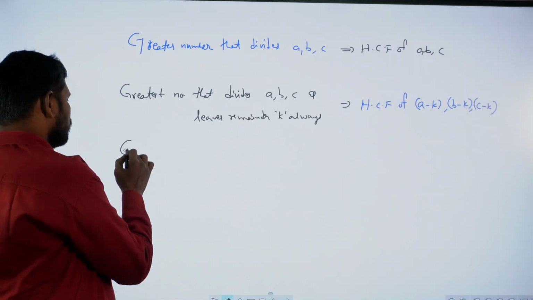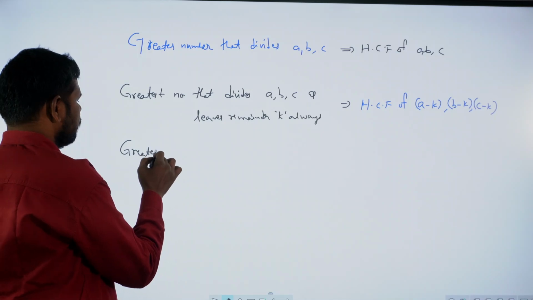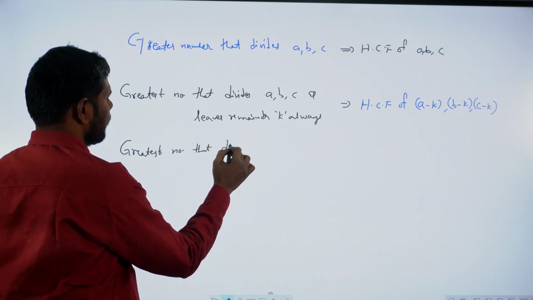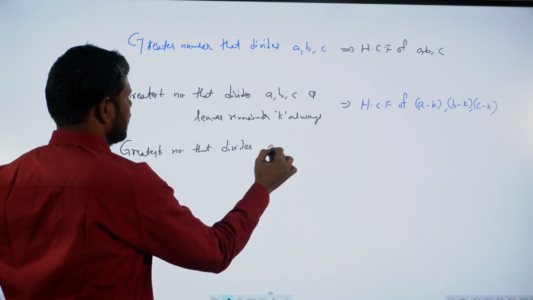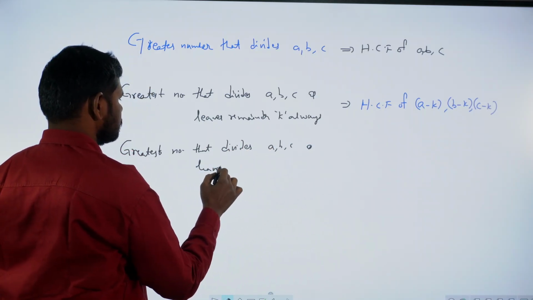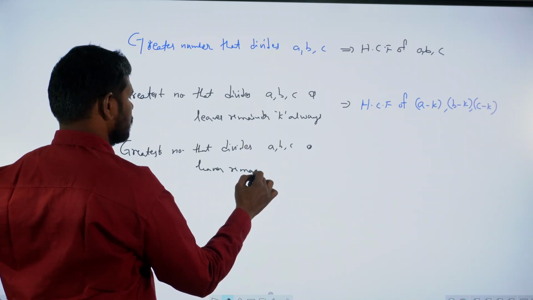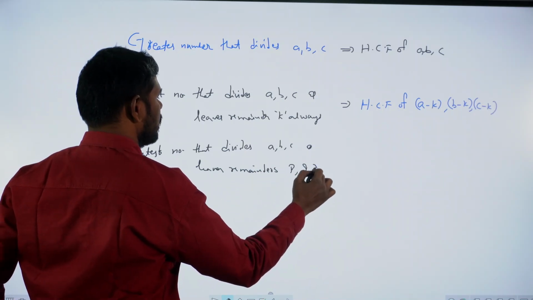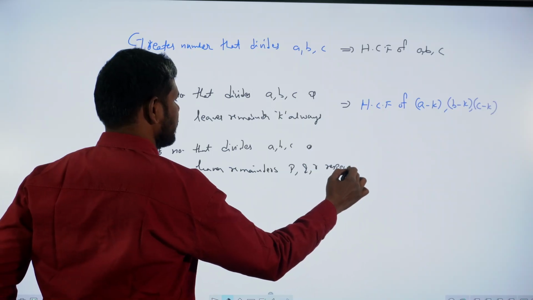Suppose there is one more type: greatest number that divides ABC and leaves remainders P comma Q comma R, whatever, respectively.